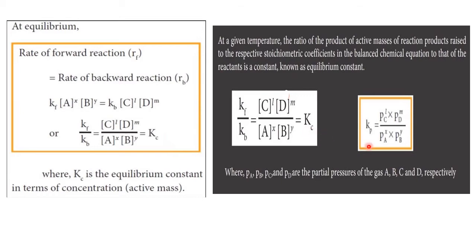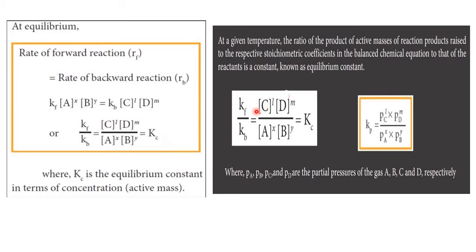Then Kp. When you are writing the Kp value, Kp is always written in terms of partial pressure. So we can replace the concentration with partial pressure.